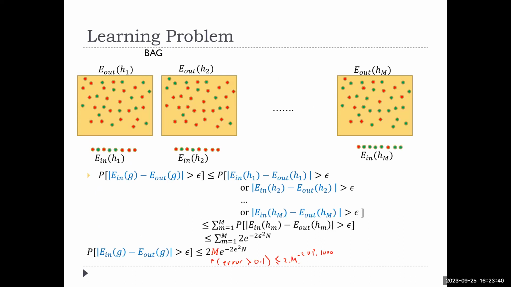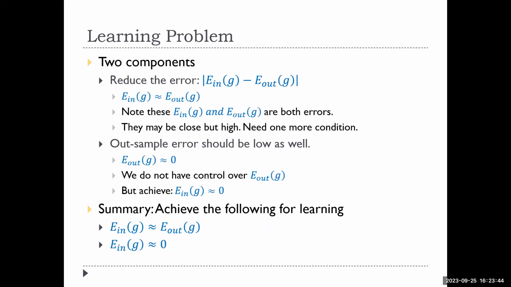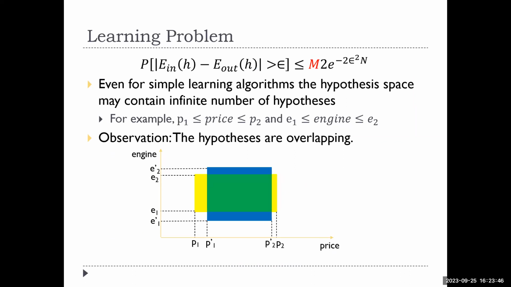So the answer is related to an observation. Although you see two rectangles here, the blue rectangle and the yellow rectangle, with the green area as the intersection, these hypotheses that you see are actually not independent of each other.